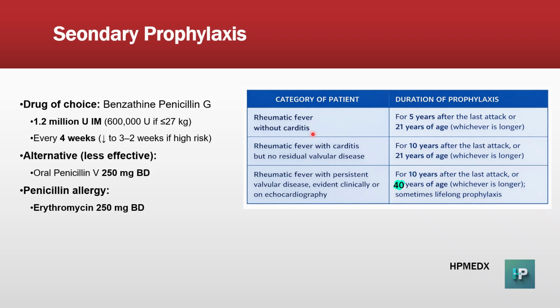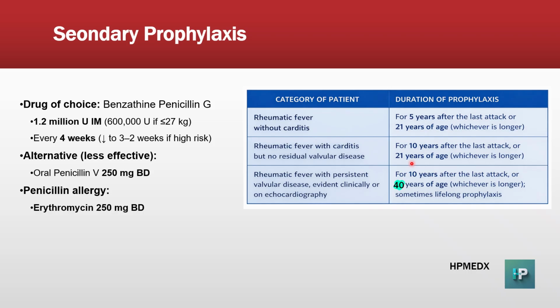Here, rheumatic fever without carditis: prophylaxis for 5 years after the last attack or up to 21 years of age. Rheumatic fever with carditis but no residual valvular disease: for 10 years after the last attack or up to 21 years of age.